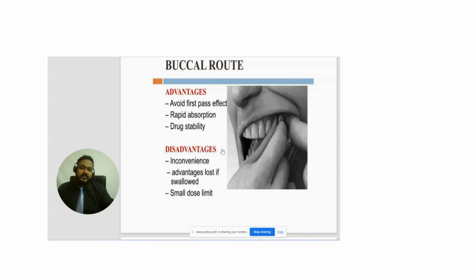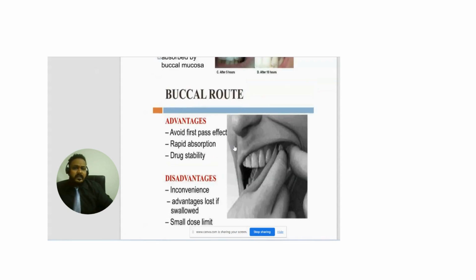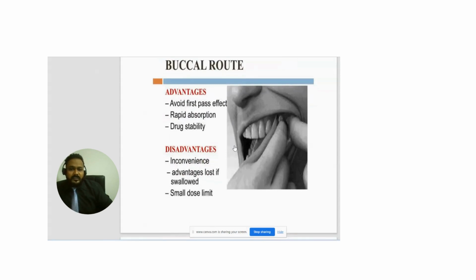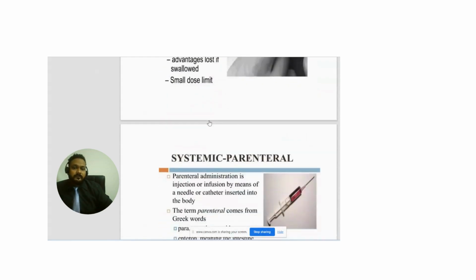And disadvantages: inconvenience and loss of solid. If the drug is swallowed, the action is not achieved. Small dose limit: we cannot give a large dose by this route because the buccal space is very narrow. So only small tablets and a small amount of medicament can be placed in the buccal route.